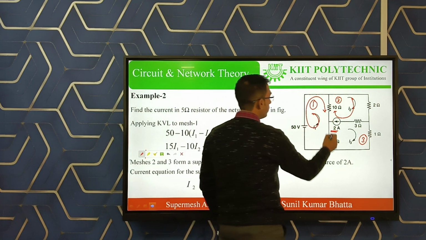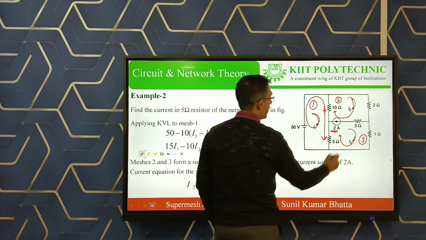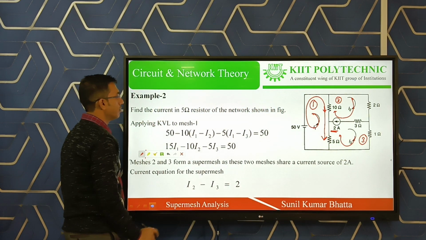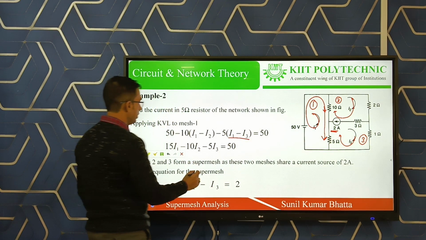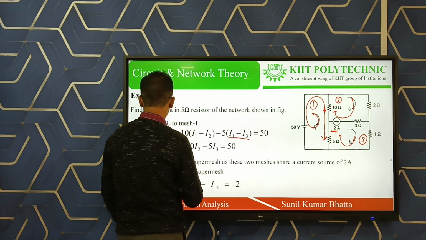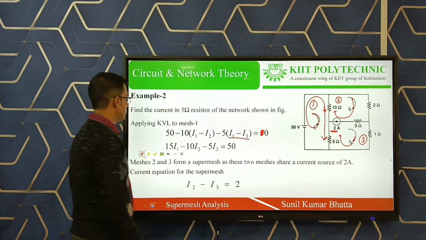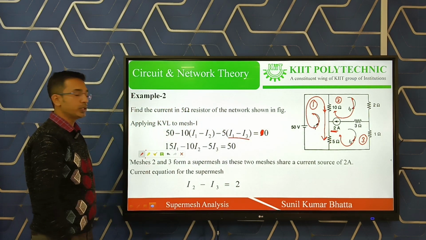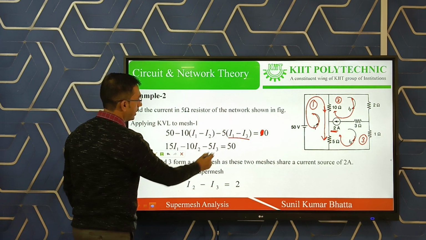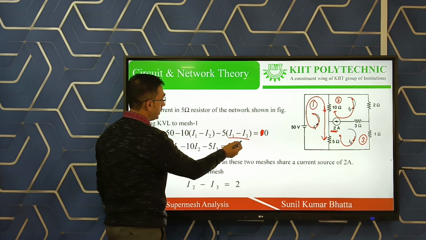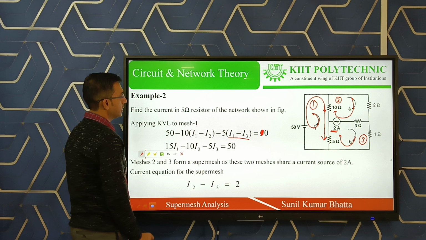Then coming to the 5 ohm, I1 is flowing and I3 is also flowing in the opposite direction, so minus 5(I1 minus I3) equal to 0. After solving, finally you will get 15 I1 minus 10 I2 minus 5 I3 equal to 50. So the first equation is done.